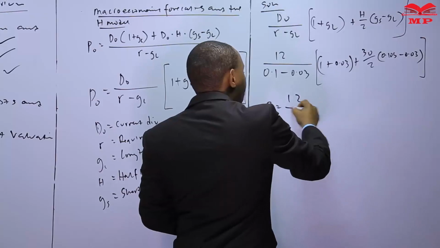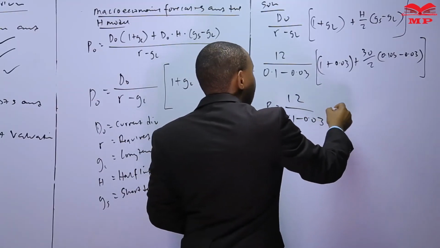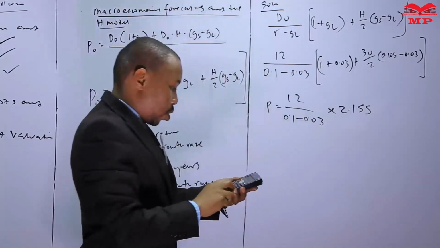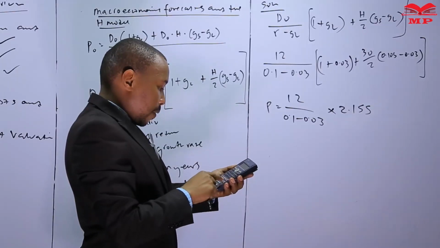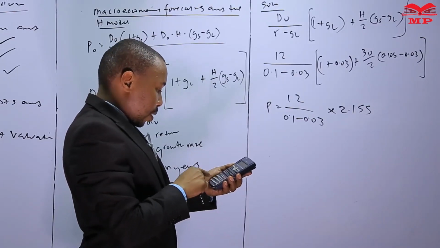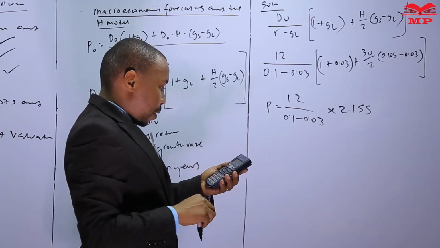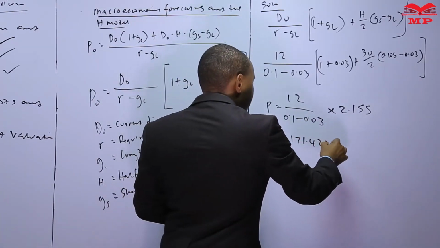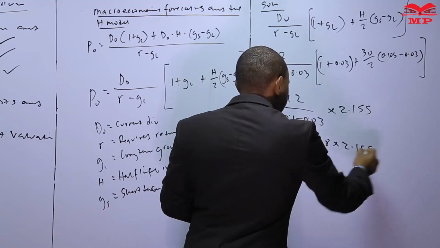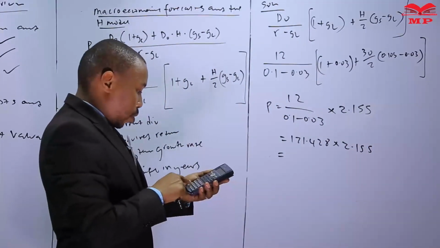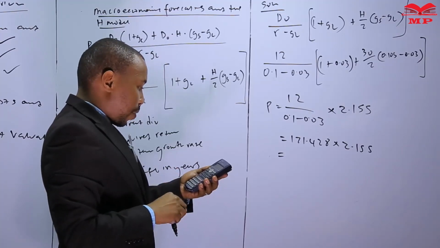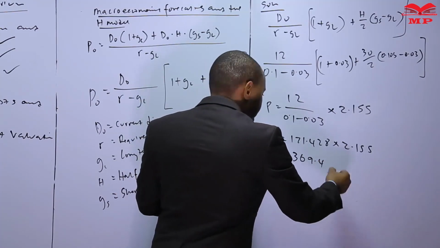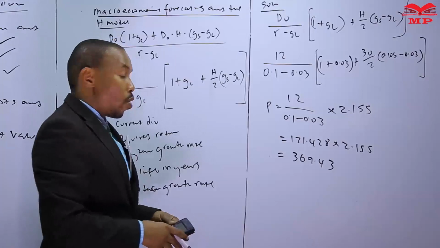So we have 12 over 0.1 minus 0.03, multiplied by 2.155. 12 divided by 0.07 is 171.428. Then 171.428 multiplied by 2.155 gives 369.43. That is the value of the index.